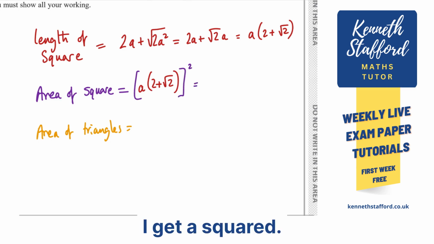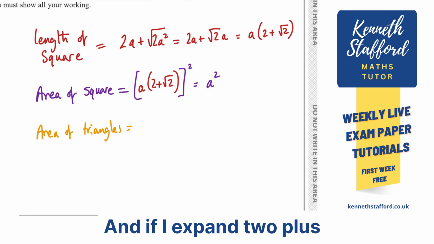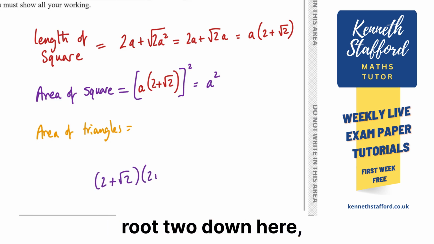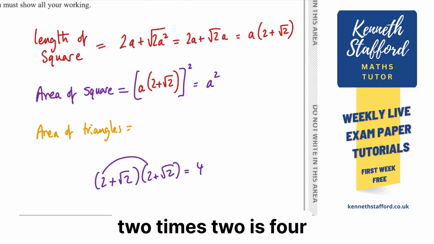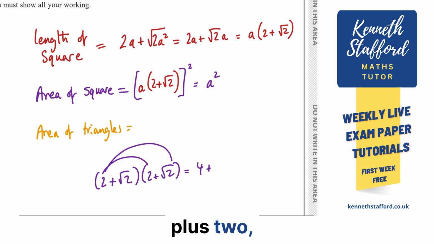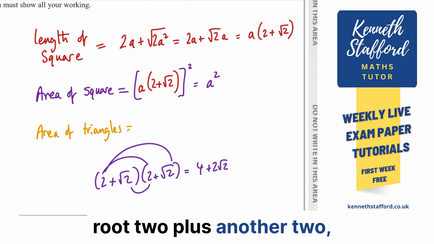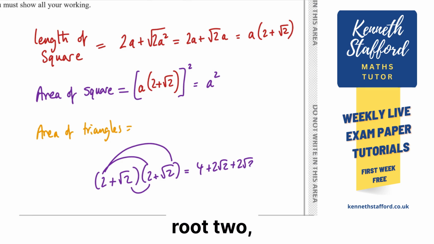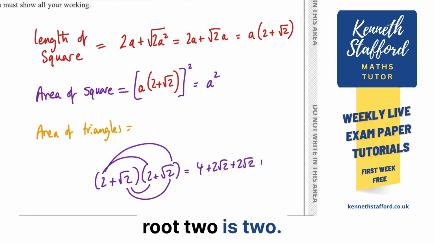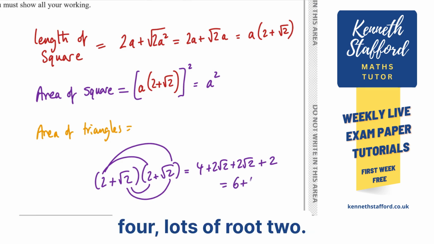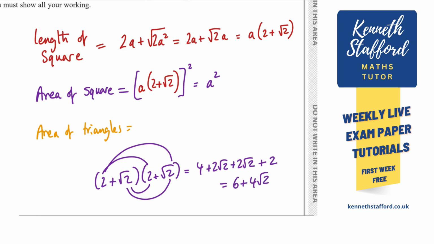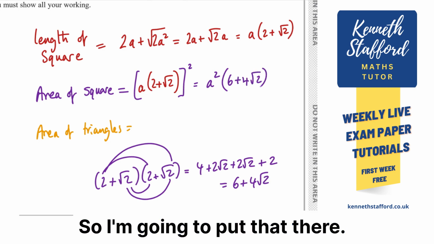So in doing that, I get a squared. And if I expand 2 plus root 2 down here, 2 times 2 is 4, plus 2 root 2, plus another 2 root 2, and root 2 times root 2 is 2. So overall that becomes 6 plus 4 lots of root 2. So I'm going to put that there.